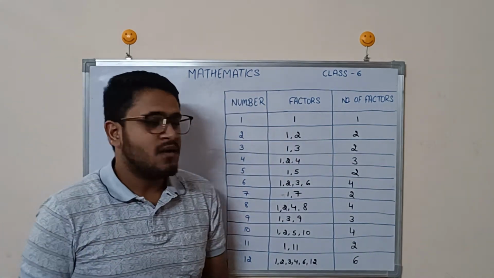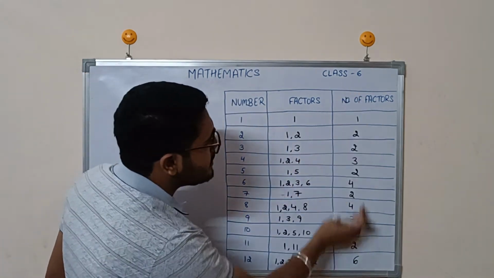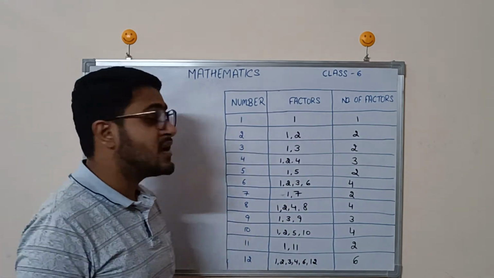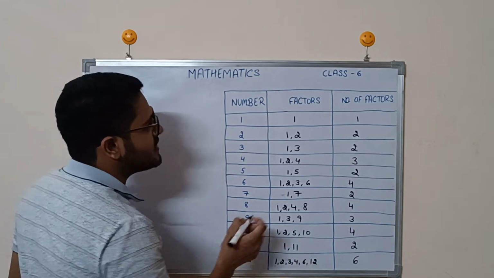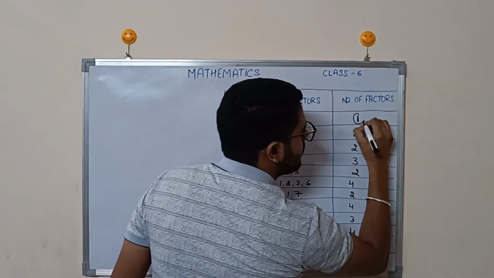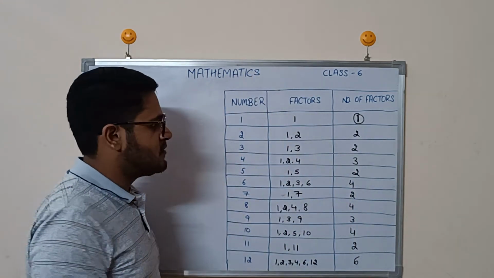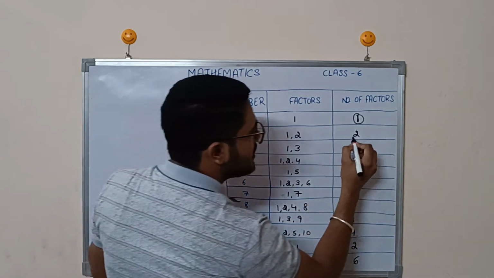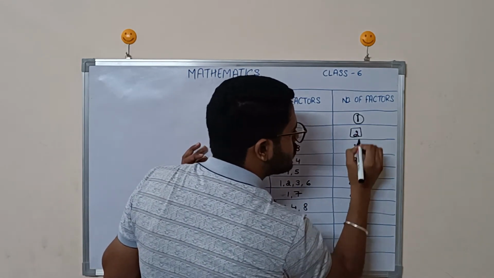So in this table, if we see the number of factors, we will find 3 types of numbers. First is the number 1, which has only one factor. And the second is the numbers which have only 2 factors.